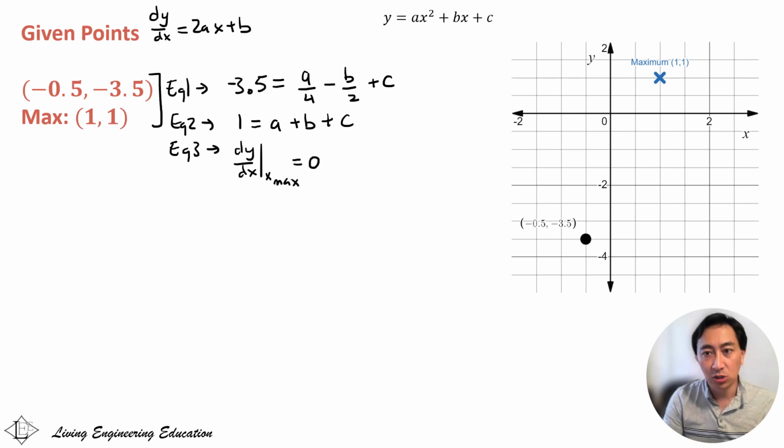That's the definition of a maximum or minimum: the derivative, or slope, is zero. So this is equal to 2 times a times 1, because the x of the maximum is 1, plus b.